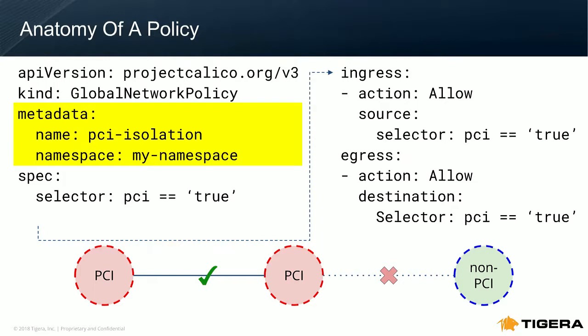And the big thing here is we say that this policy is applied to anything that is labeled PCI as true. So basically what you end up doing is identifying that certain workloads are indeed PCI compliant and other workloads aren't. How you do that is sort of a development cycle process. It could be done via code reviews or other things, but basically once you've done that, you can say, yes, this workload's PCI compliant.